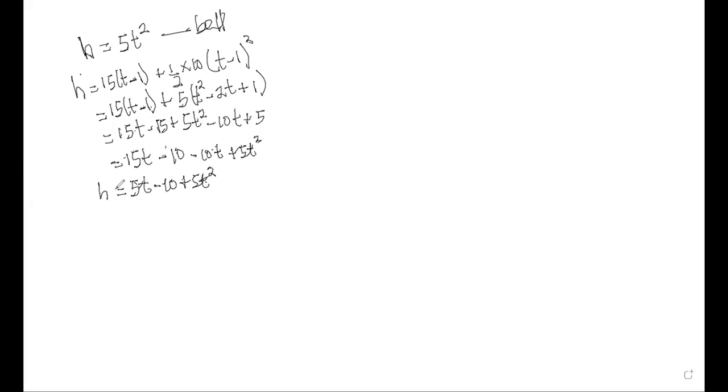Now, since the ball and the stone were thrown from the same height, h for the ball and h for the stone are the same. And so we equate 5t squared to 5t squared plus 5t minus 10.